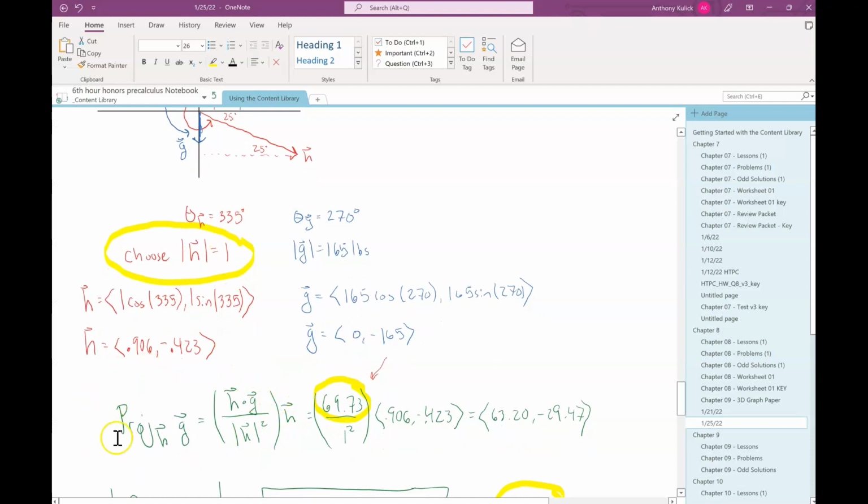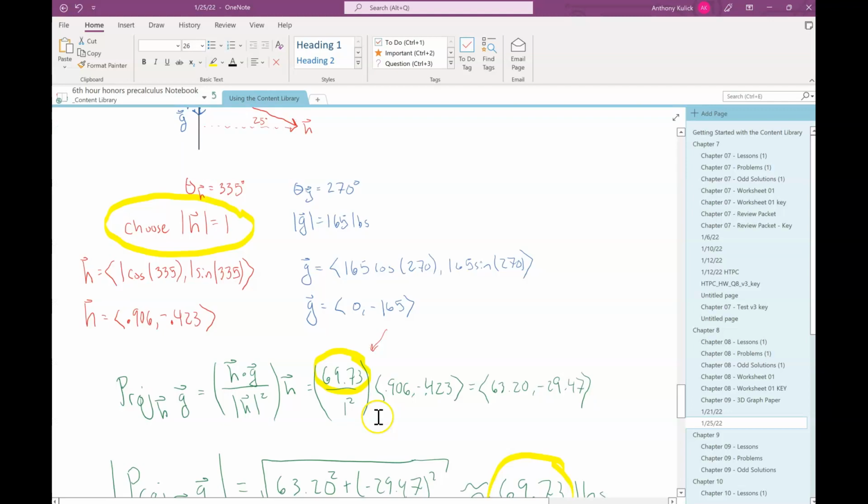And then we plug them into the projection formula, where we're projecting G onto H, the gravity vector onto the hill. So we did H dot G divided by the magnitude of H squared times H to get the component form for our projection vector. To find the amount of force directed down the hill, the force is the length of the relative vectors.